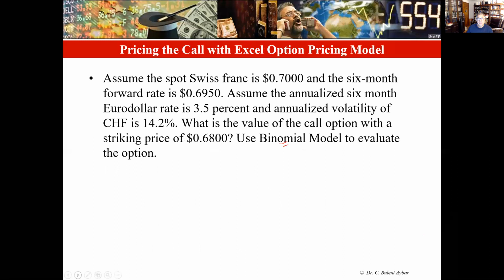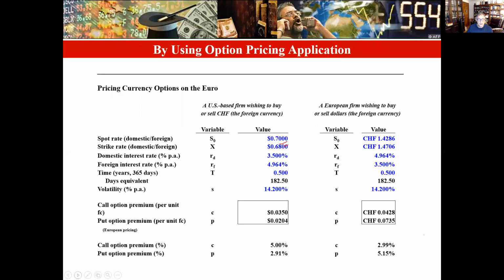And this brings me to the last issue that I want to talk about, which is using an Excel macro to value this option. Let me clean this up. I've used this Excel sheet to value the option that we used in our example.